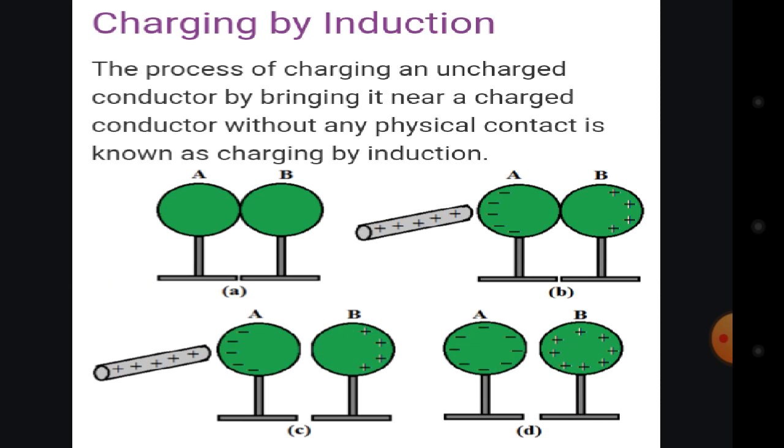For the last one among the modes of the production of charge, we have charging by induction. The process of charging an uncharged conductor by bringing it near a charged conductor without any physical contact is known as charging by induction. So you see, this one is also about bringing it near to it.